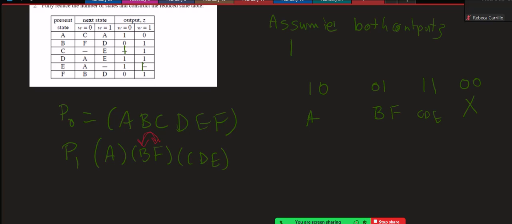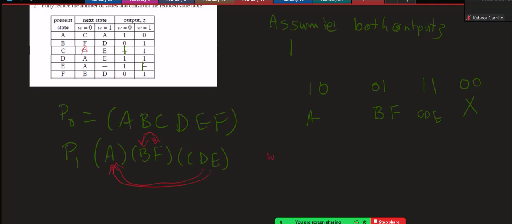All right, so that works. Don't have to split those up. C for W equals 0 is undefined. D goes to A. E goes to A. So I'm going to let C go to A as well, so that I don't have to split them up.